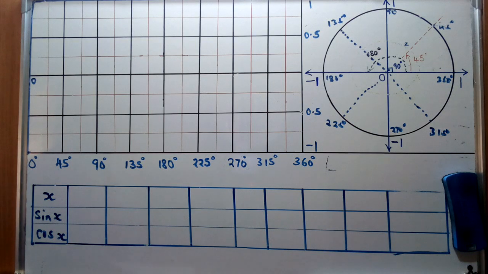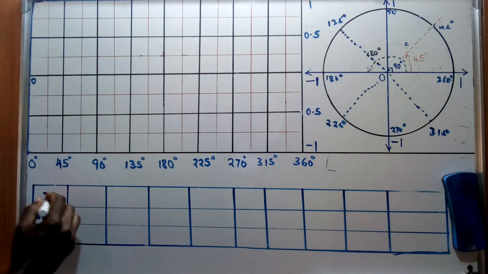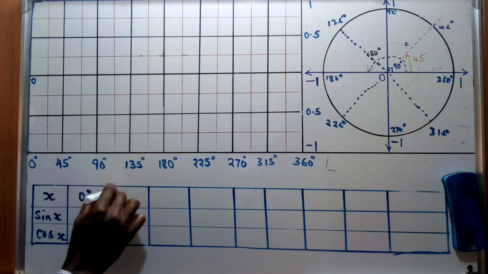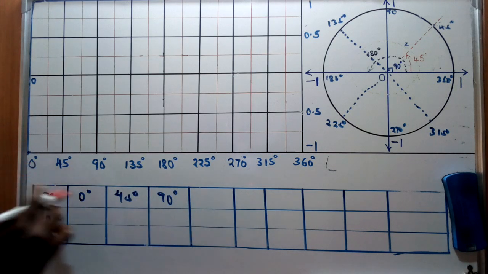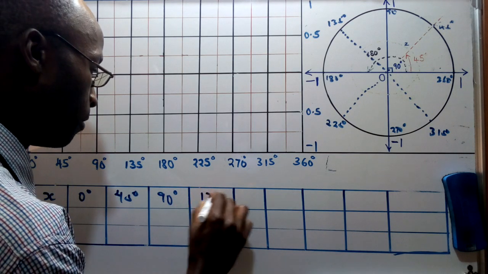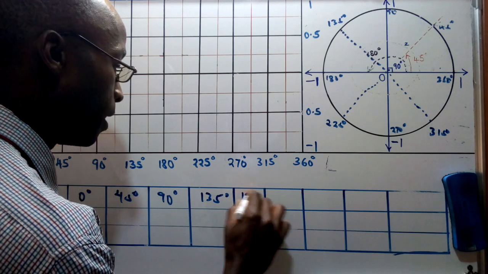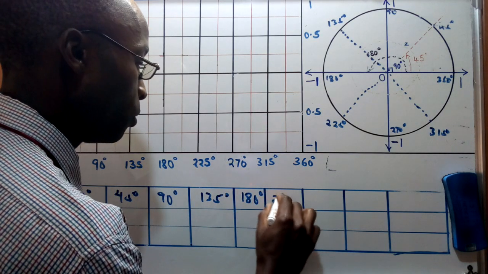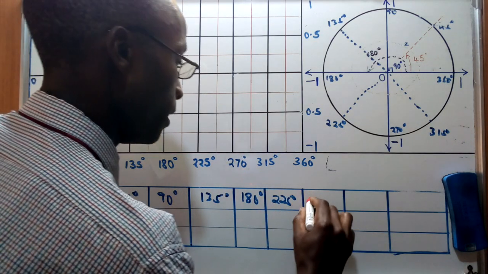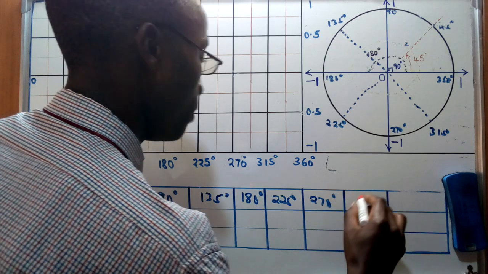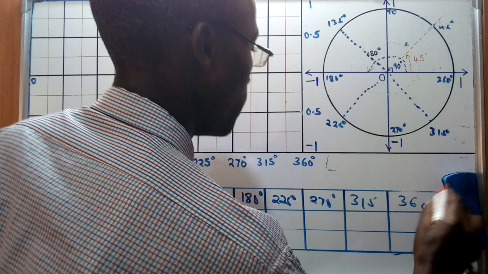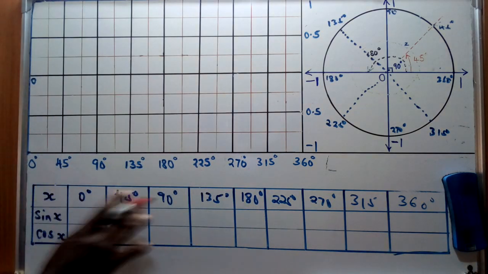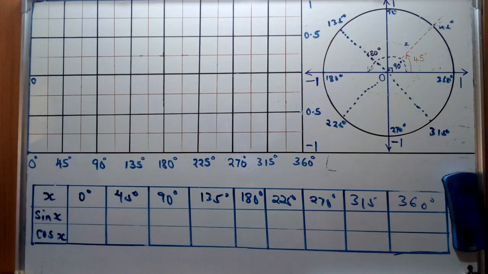So I'm going to give this range of values for x still as 0 degrees, 45 degrees, 90 degrees for the value of x, and then we have 135 degrees, 180 degrees, 225, and then we just fill them in as they appear along that stretch for the x-axis. So this is going to give us those specific values.